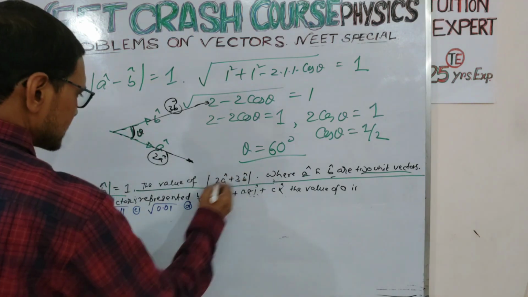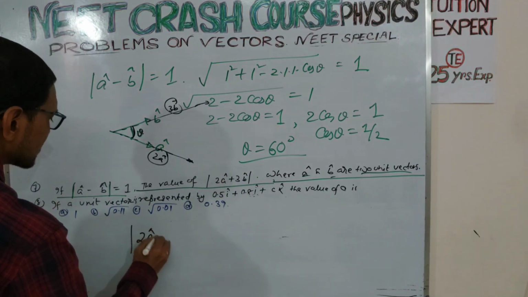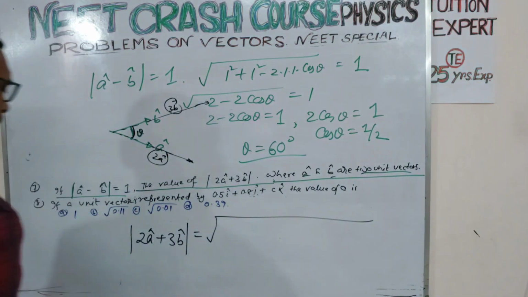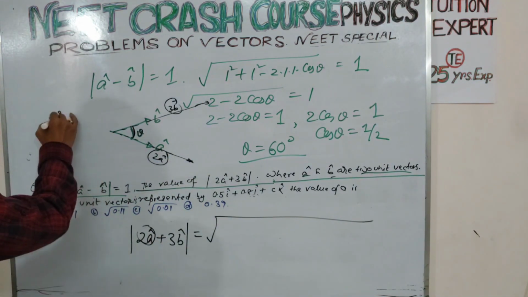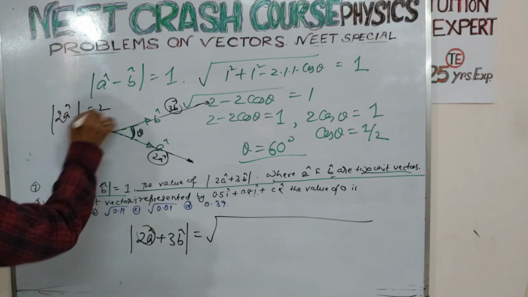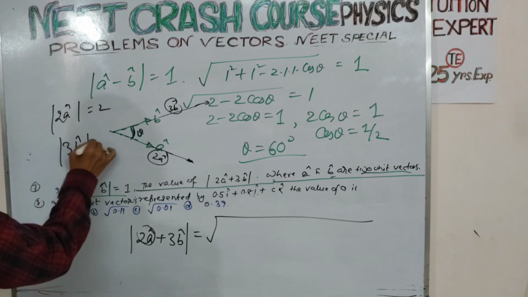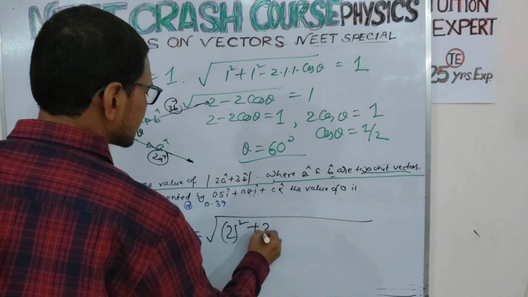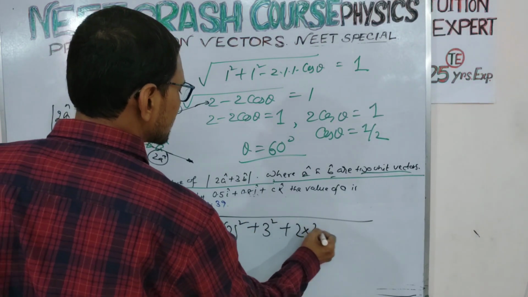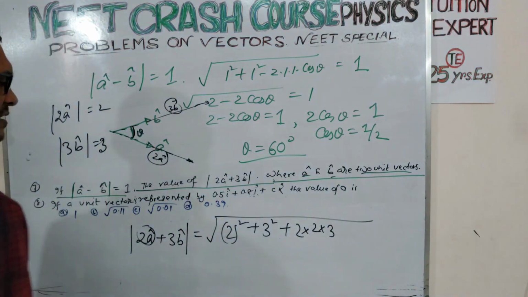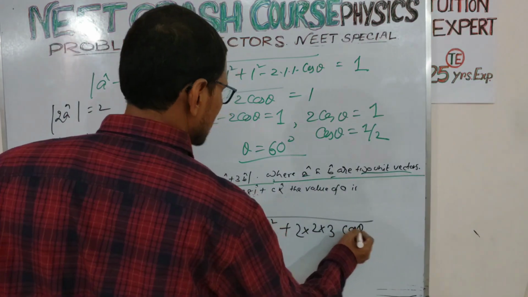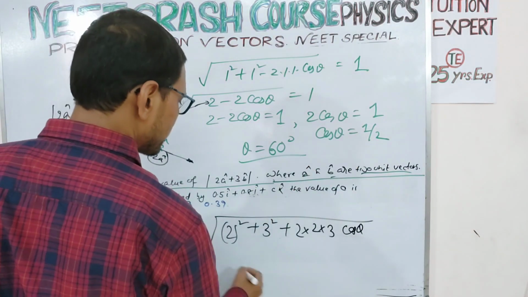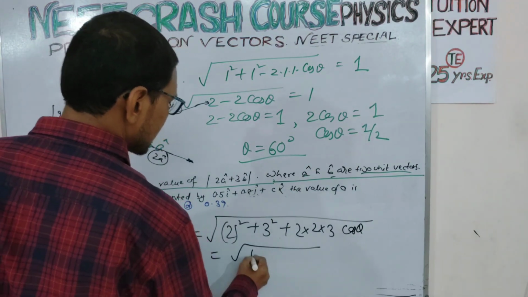So we can apply this formula: magnitude of this equal to what? 2a magnitude equal to 2, 3b magnitude equal to 3. So the formula is root over 2 square plus 3 square plus 2 into 2 into 3 cos theta, because angle between this and this is also theta. So we get cos theta equal to half, put here, we get the result.